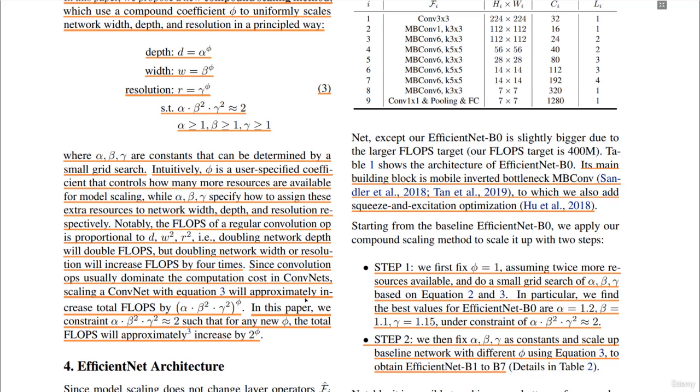And in that case, for any new phi, the number of operations can be calculated by this increase in the order of 2 to the power of phi. So this permits us to control the number of operations by just one parameter, phi.